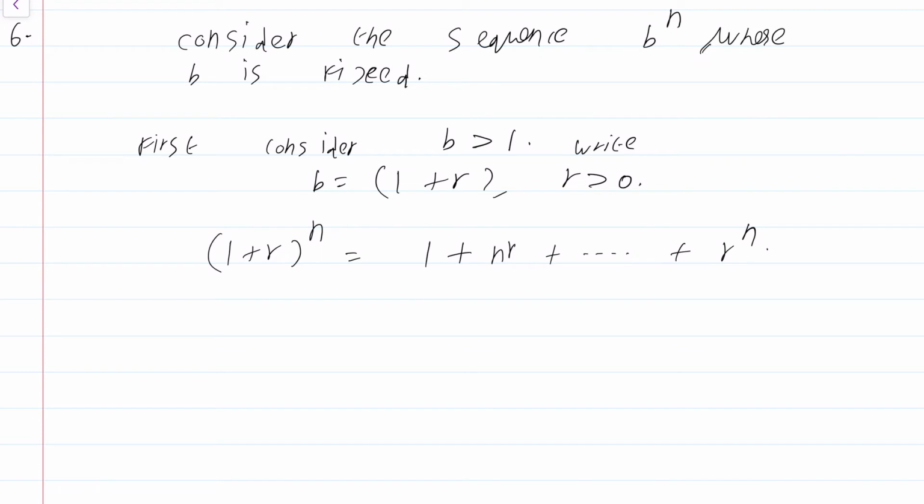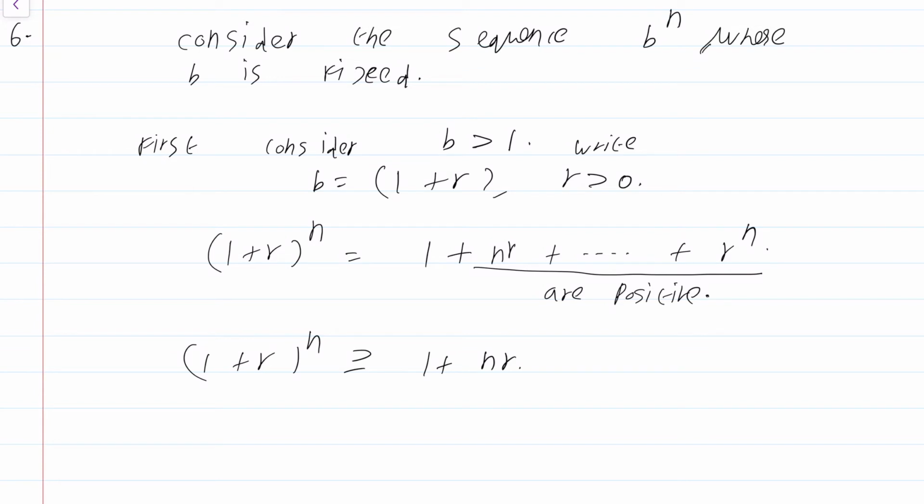I'm not really interested in the in-between terms. They will involve the various n choose something. But the key fact is all these terms are positive. So in any case, 1 plus r power n is greater than or equal to 1 plus nr. I'm just ignoring all the other positive terms.